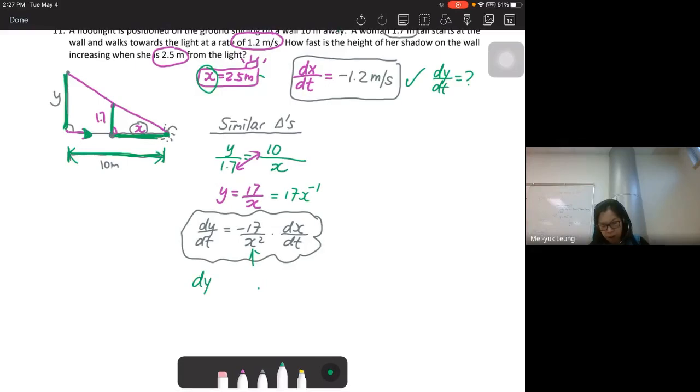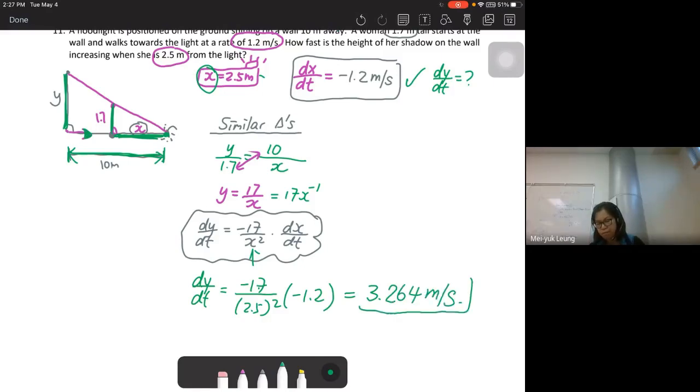We already have the snapshot moment to plug into x squared. So dy/dt is equal to negative 17 over 2.5 squared, times negative 1.2. That gives the final answer in decimal form, 3.264 meters per second. Okay, that makes sense. This is a positive rate, so the shadow is increasing.